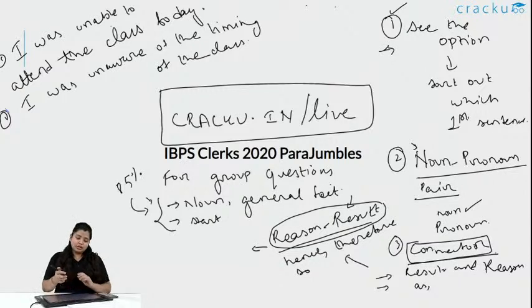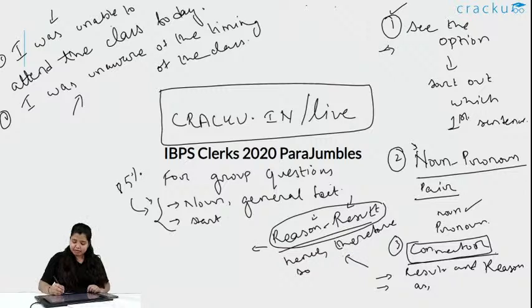So, we know first sentence is the result that I have not attended the class. Why have I not attended the class? The reason for that is I was unaware of the timing. How can you connect this? So, for the case where reason and result, let us see. What is the reason? The reason is I was unaware of the timing of the class. Therefore, I was unable to attend the class.